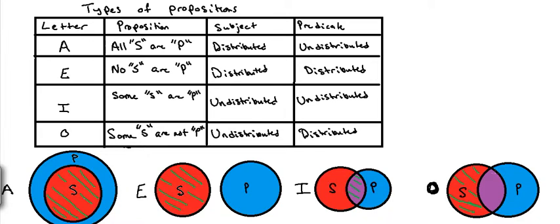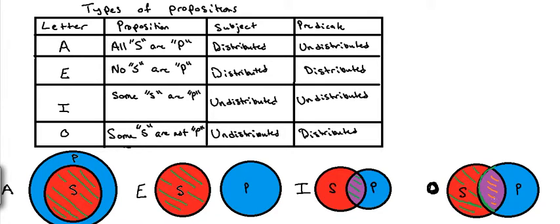If we trace this around here, we would see that we're talking about everything that is not our predicate. But the subject is undistributed because we have all this stuff here that would be undistributed.